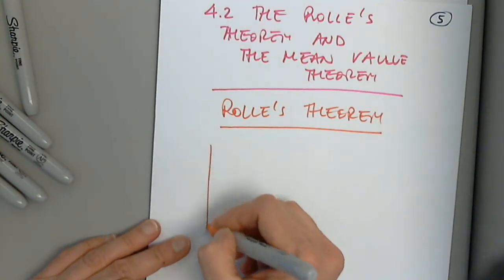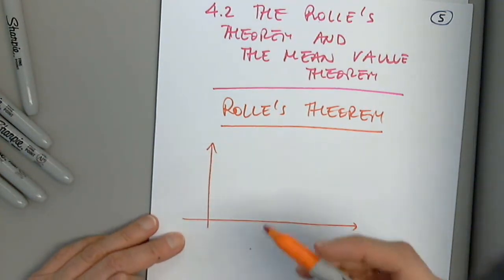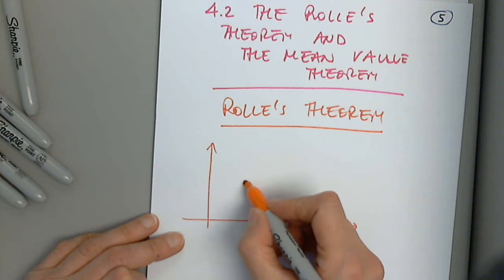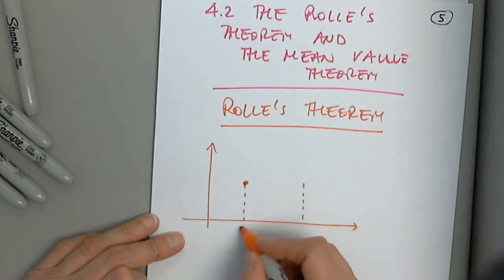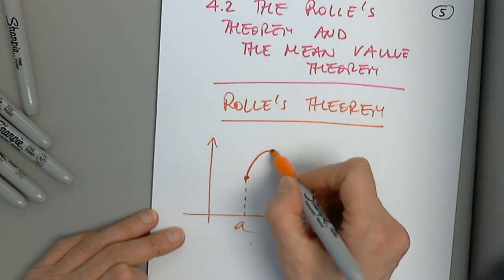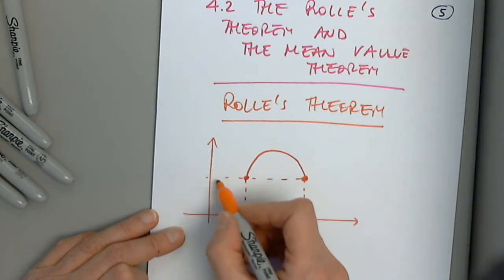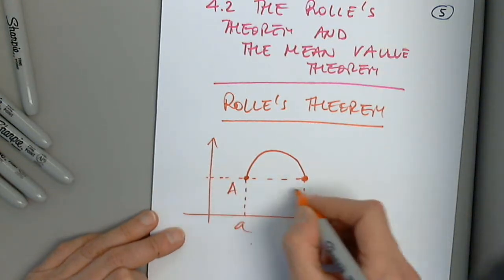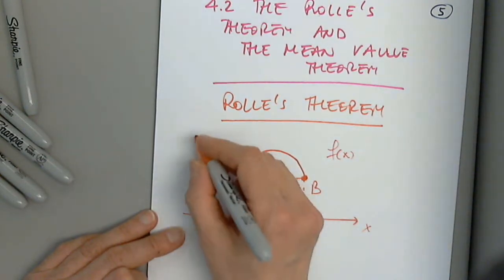Let's look at the graph that starts at this point of a function between a and b. This is point A, this is point B. This is our function f of x.